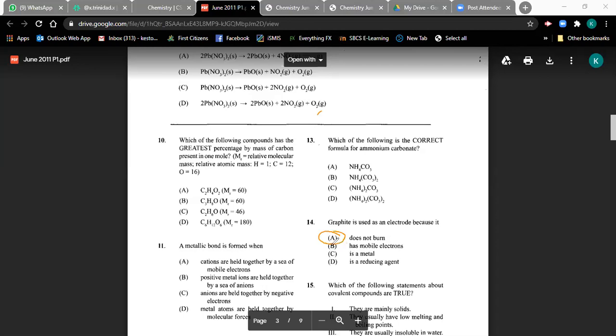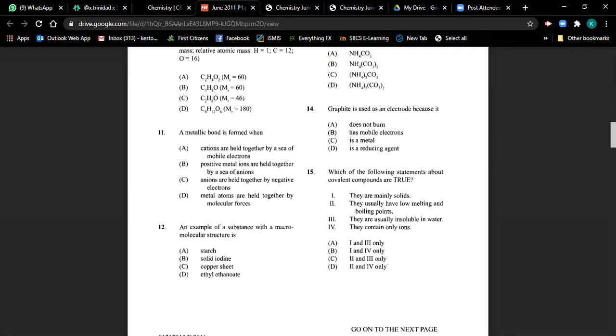Graphite is not really a metal, it's an allotrope of carbon. And reducing agents have nothing to do with it. But remember, we had to heat aluminum, what was the temperature, to put it inside, through electrolysis. It's ridiculous temperatures, so this has to be the most suitable answer. It doesn't burn.